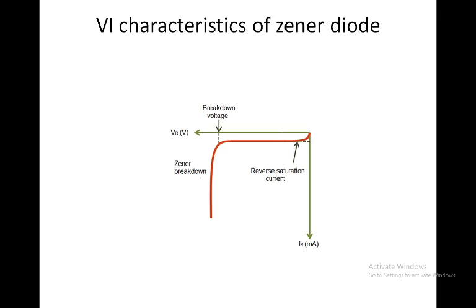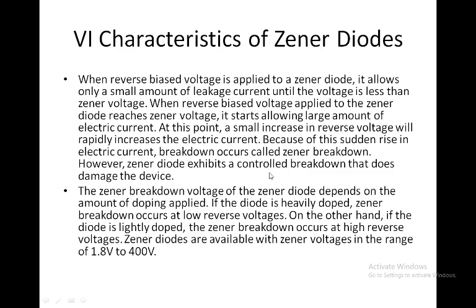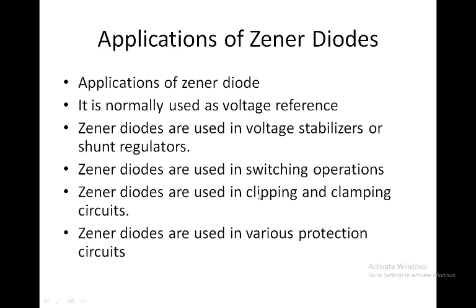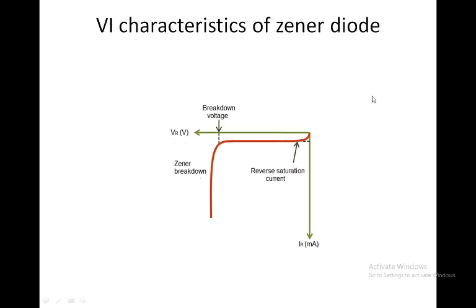Now let's look at this for a Zener diode. This is the reverse bias region, with negative voltage. With an increase in voltage, the reverse saturation current will be very small. But in the breakdown region, the current increases sharply.